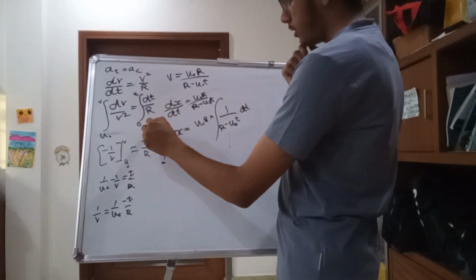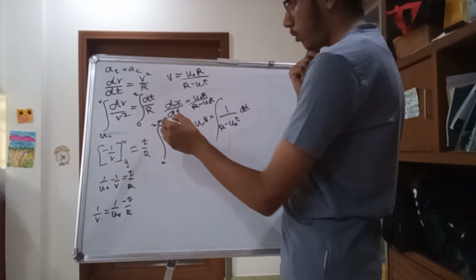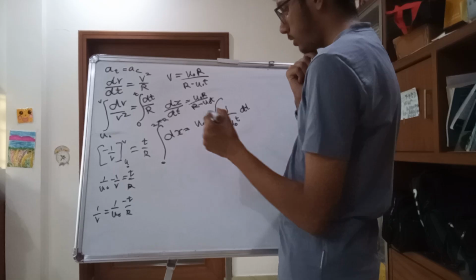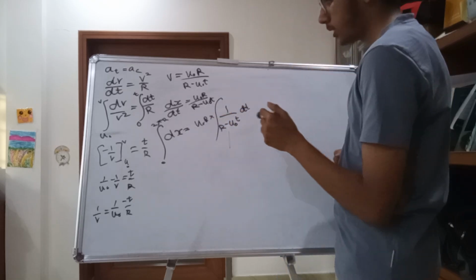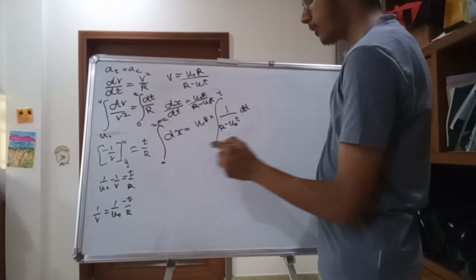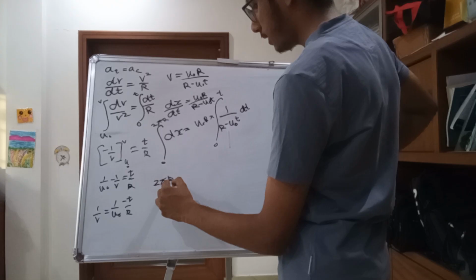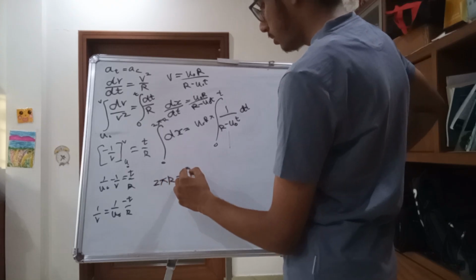Okay, so let's say this is 2 pi. Here we are integrating time from 0 to t, so what you will get is 2 pi r minus 0. So let me write directly 2 pi r equal to u naught r.